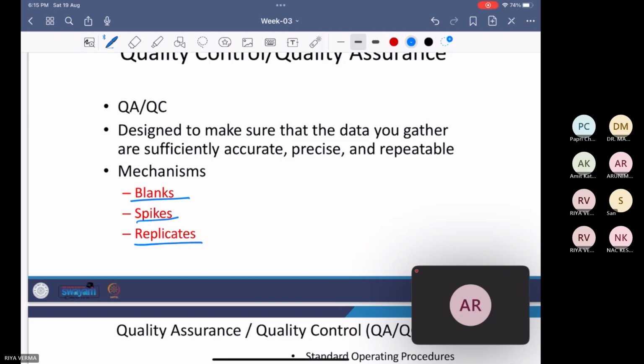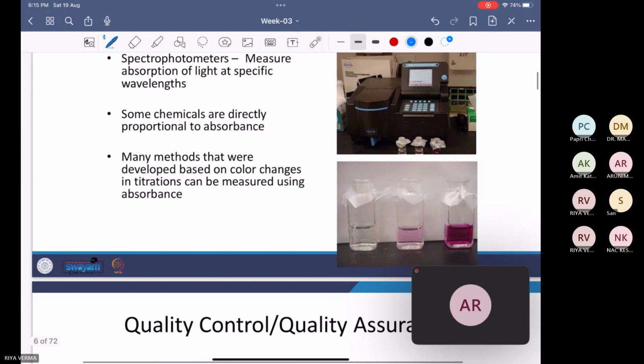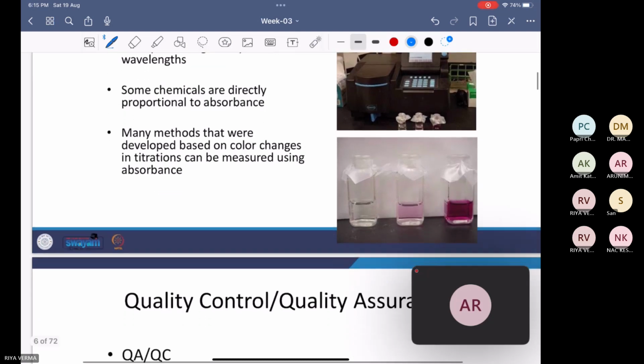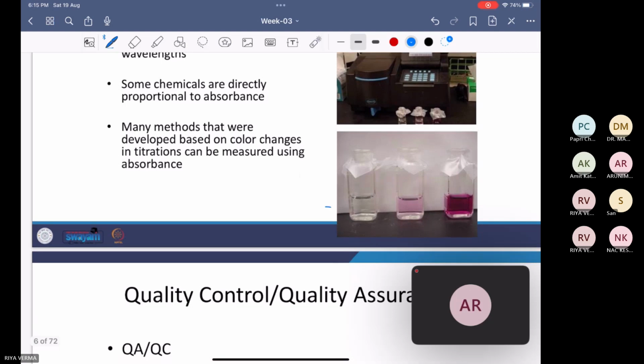Like in the previous slide you can clearly observe that I guess these are the samples that are prepared for the test of sulfides. Clearly the bottle that has no color is the blank, this one has a lower level of sulfide, and this one has higher sulfide.